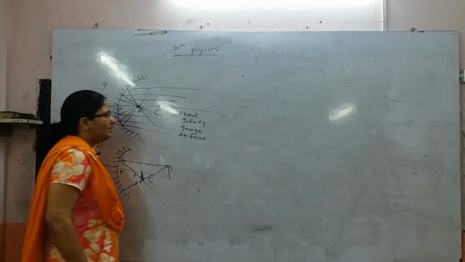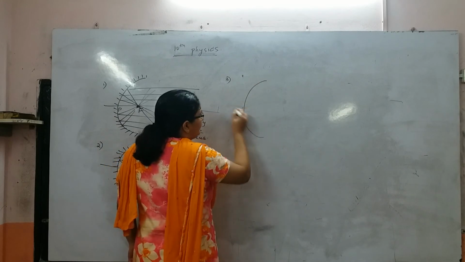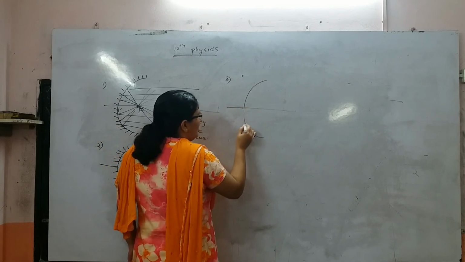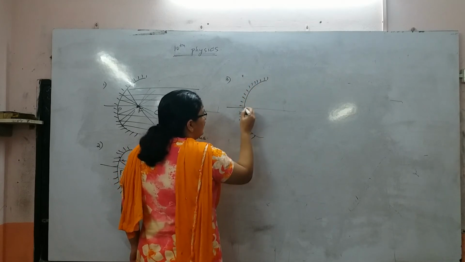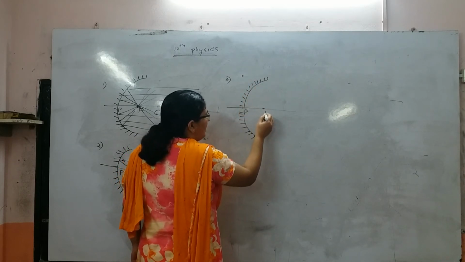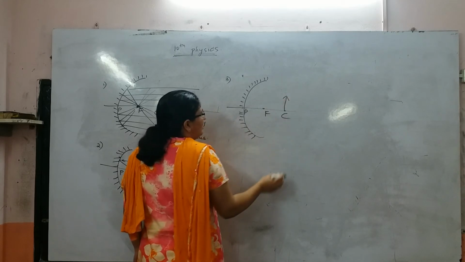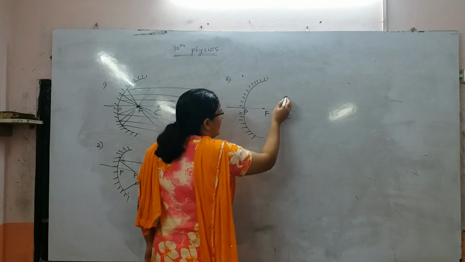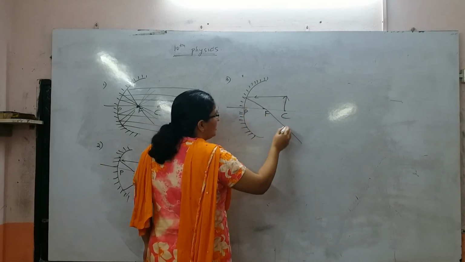Next case. Case 3. P, F, C. You are keeping an object on the center of curvature. We will take 2 rays, one ray parallel to the principal axis, then it will come out passing through focus.